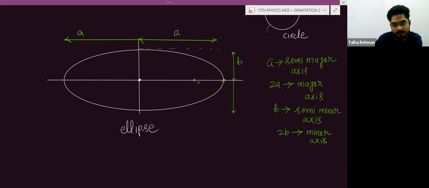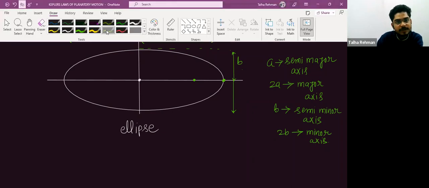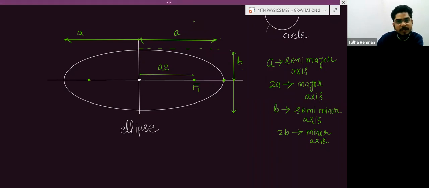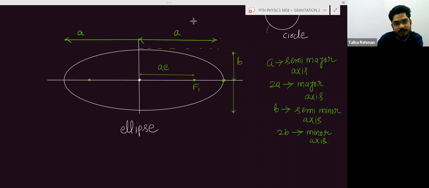This is one focus, and this will be at a distance of AE from the center. A distance of A into E, and E is the eccentricity. Suppose this is F1, and another focus will be at the same distance AE from the center.